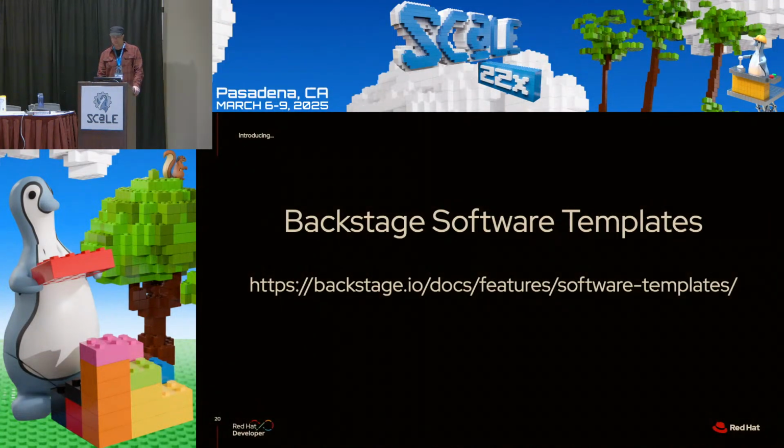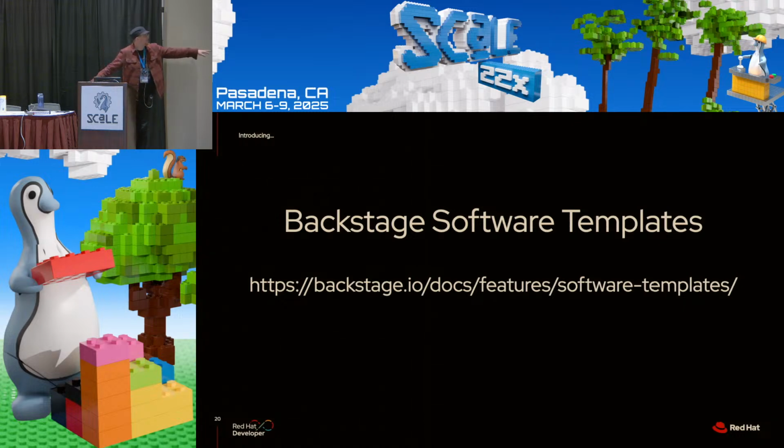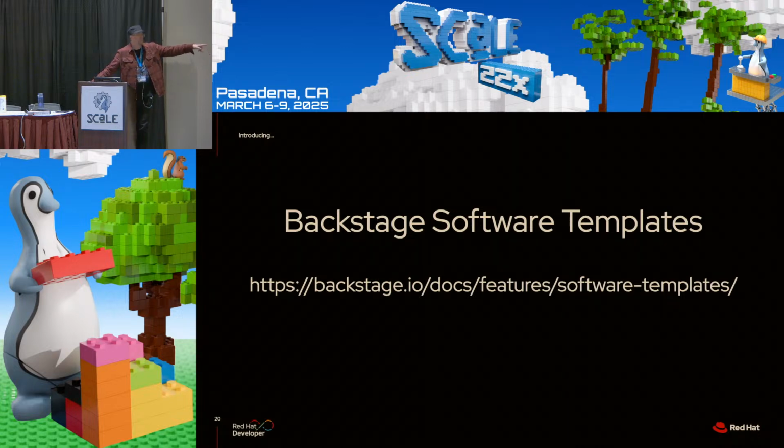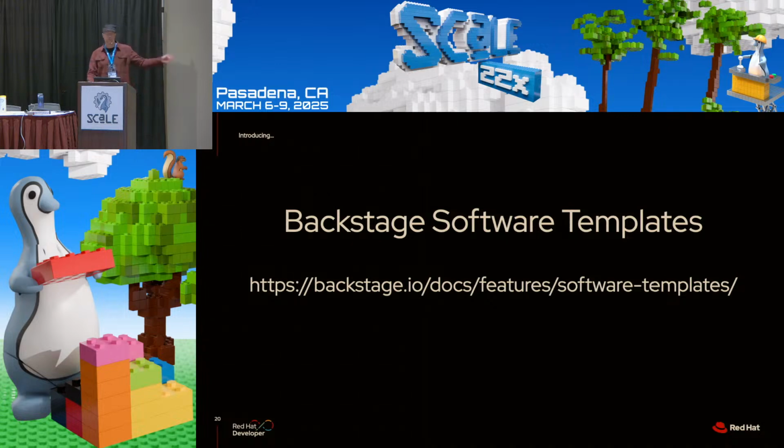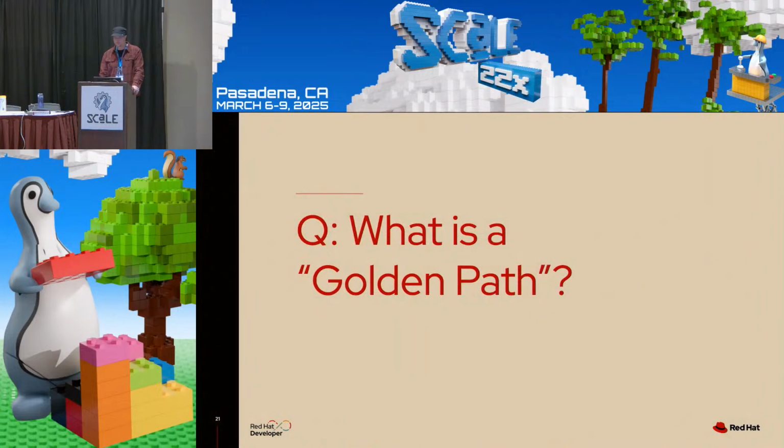Let's see. On to Backstage software templates. If you want to see the upstream documentation, this is your link to backstage.io/docs, features, software templates. That's where I go anytime I get really deep and need follow-up advice. That's your key to the upstream docs.